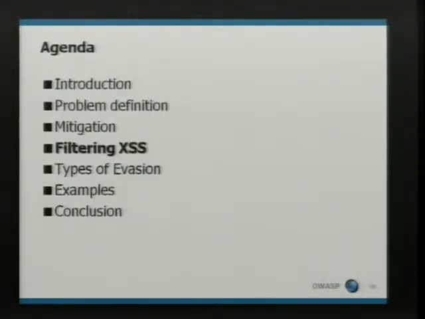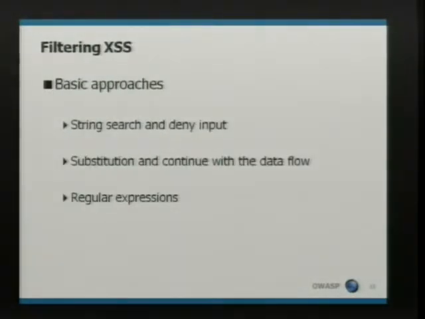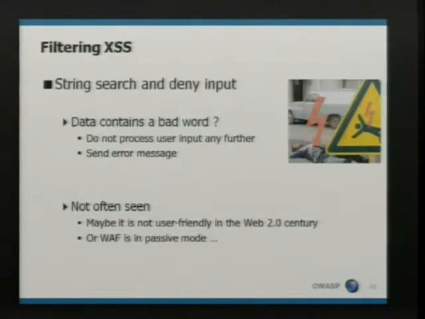So, how should we filter now? There are three approaches that I saw in different source code by customers, but also in some open source projects. At the end, I will give you another piece of advice on how to do it better. The first approach is the string search and deny input approach, as I'm calling it.